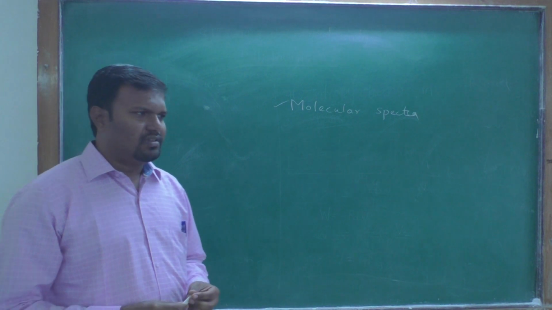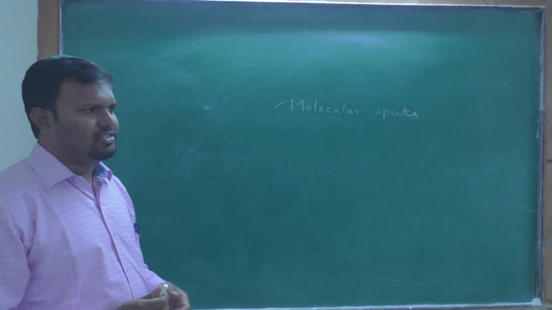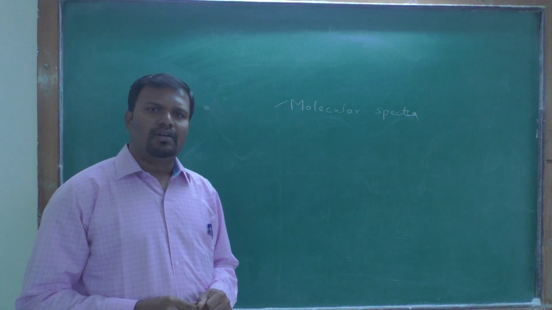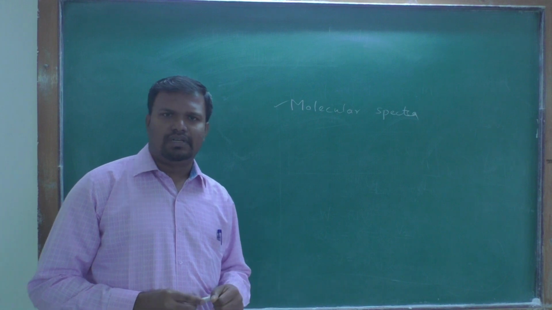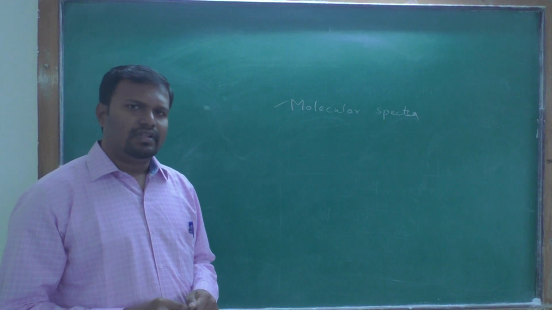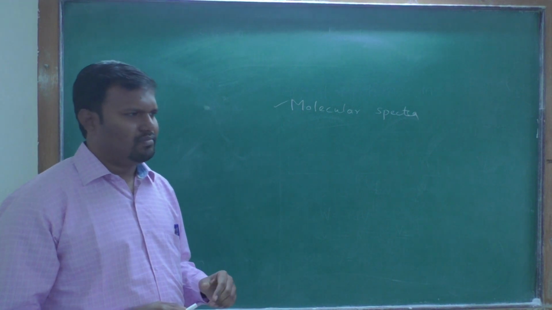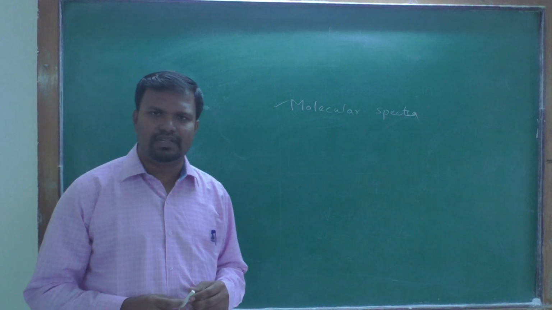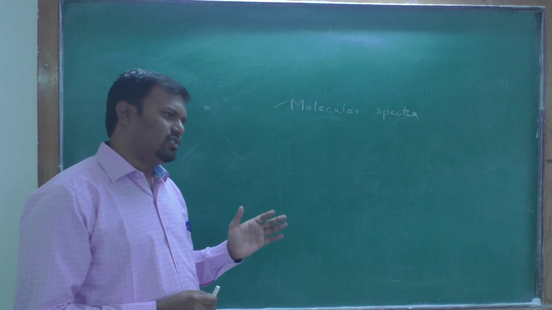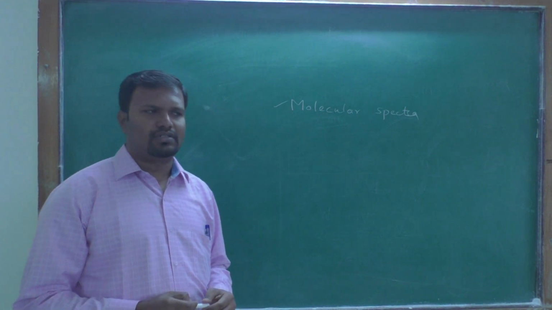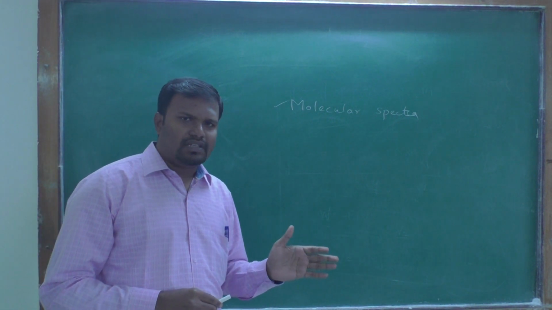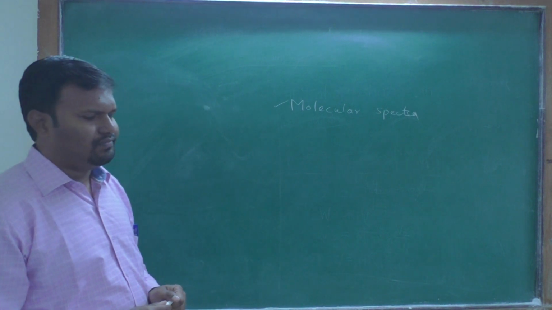We will start with how energy is radiated in the form of electromagnetic radiation. Any energy, suppose light is one form of energy from the sun, the electromagnetic radiation will come towards earth in the form of a wave.